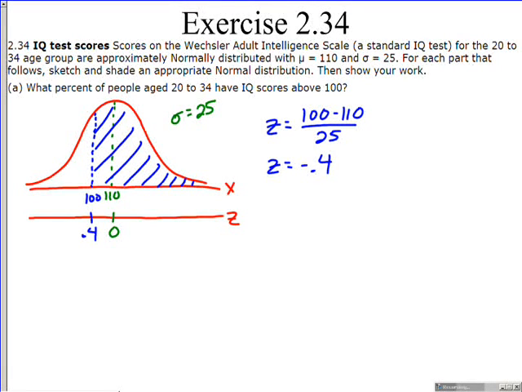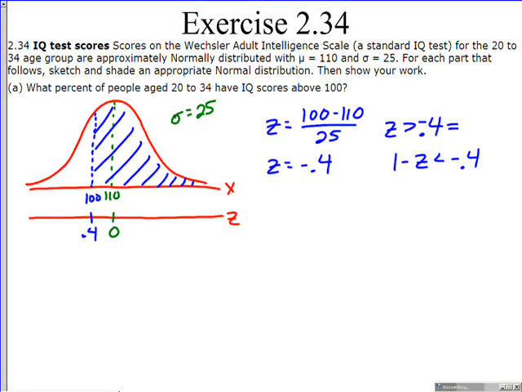So we want to know z is greater than negative 0.4. It's the same thing as what we would find by taking 1 minus the probability of z being less than negative 0.4.